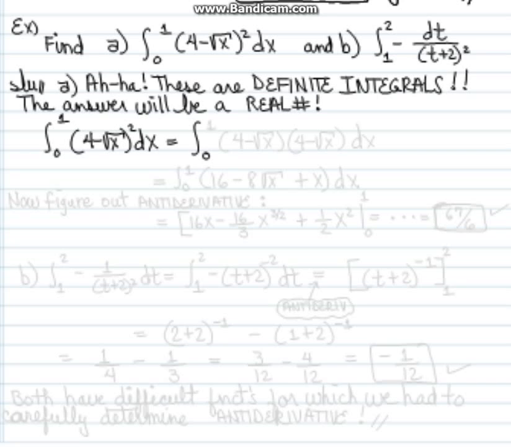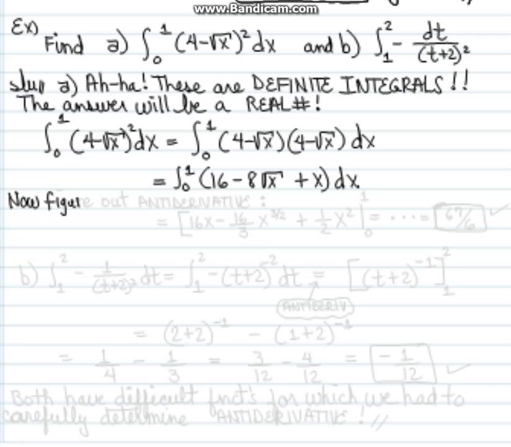So this integral is equal to the integral of 4 minus square root of x times 4 minus square root of x. I'm simplifying it because it's too complicated the way it came. And when I FOIL that, I get 16 minus 8 square root of x plus x. Now I can integrate piece by piece across each of the terms.